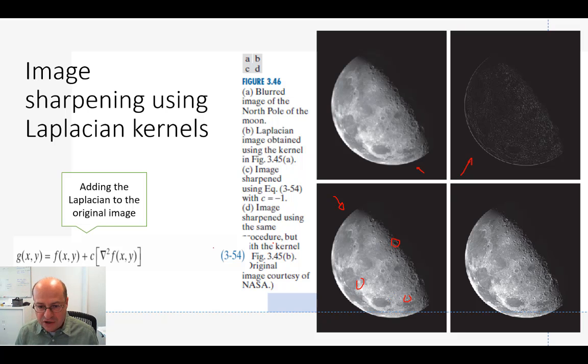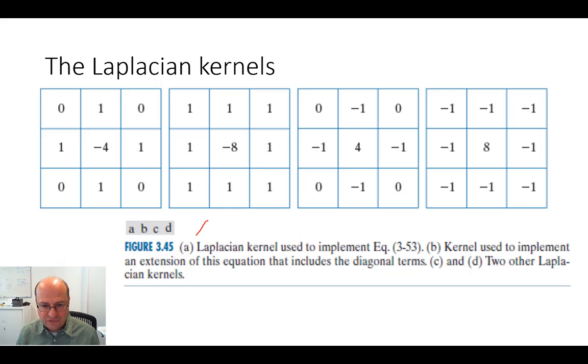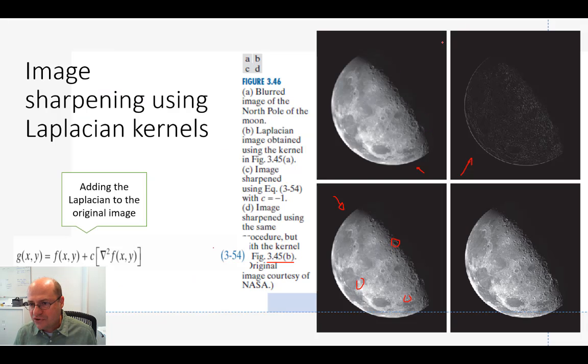Now, if I use this other kernel on figure 3.45b, what is it doing? It is intensifying the discontinuities, right? As it does that, and we do the same process, apply the Laplacian on this image, get a more pronounced Laplacian, and then sum this image with this image and end up with this very nice, very sharp version of the moon.